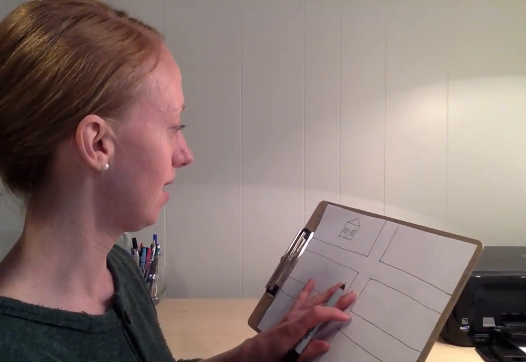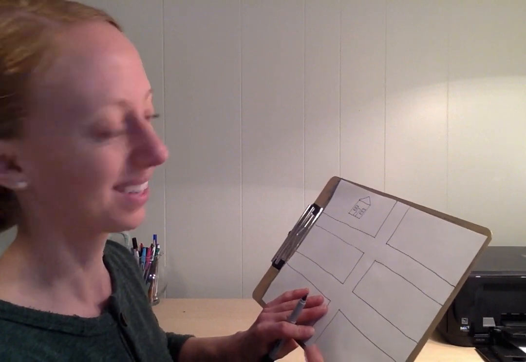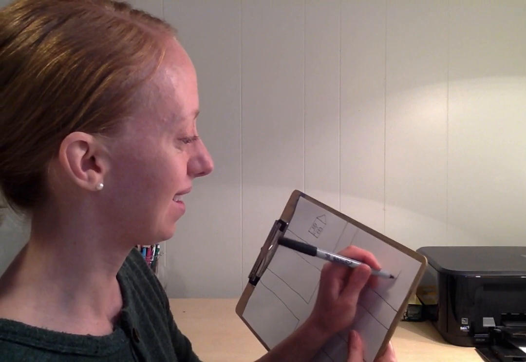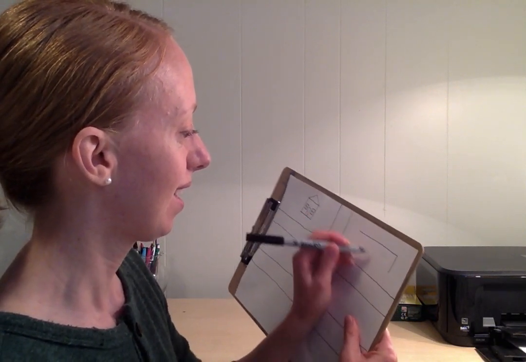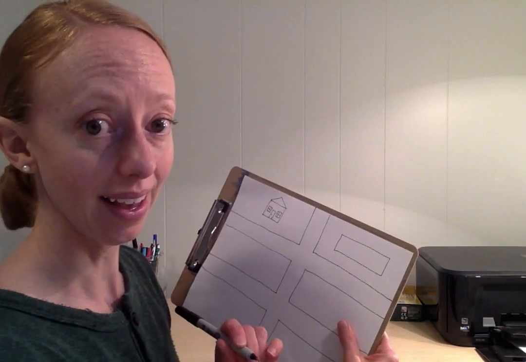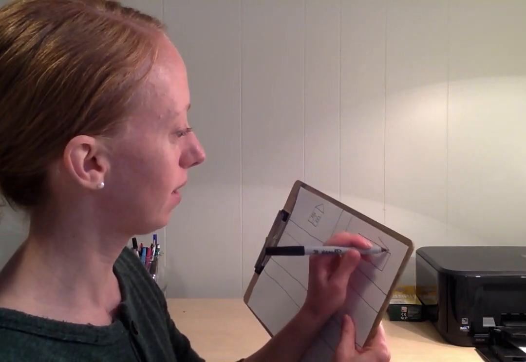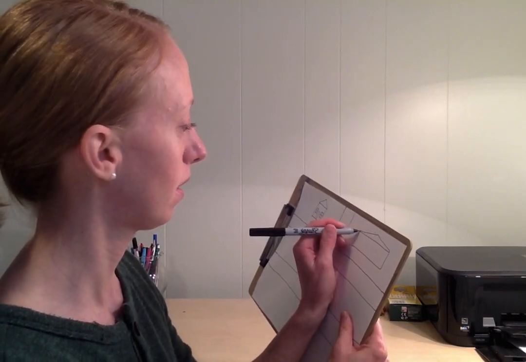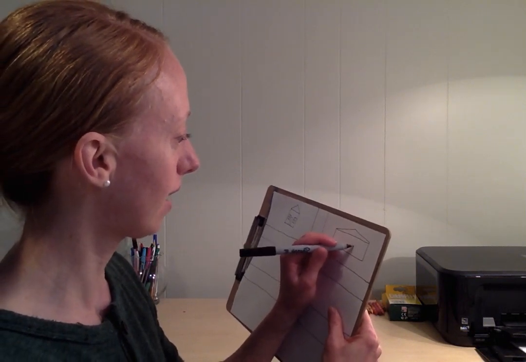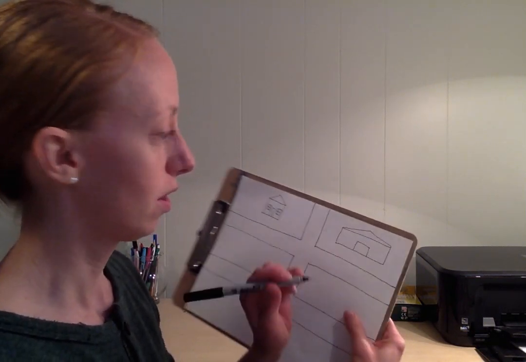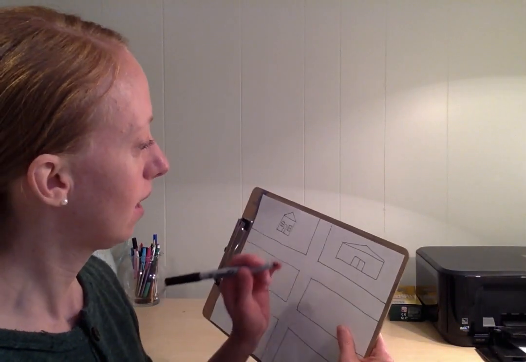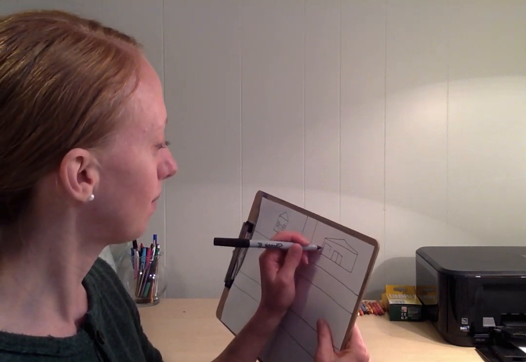Okay, then another thing is a school. So we can draw our school right here. A school is usually pretty big, and we're going to draw a big long roof, long skinny triangle on top, and I like how schools usually have doors that are wide, double doors like this, and they have windows too.